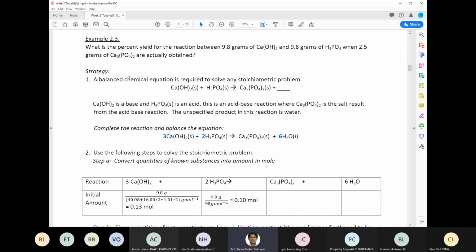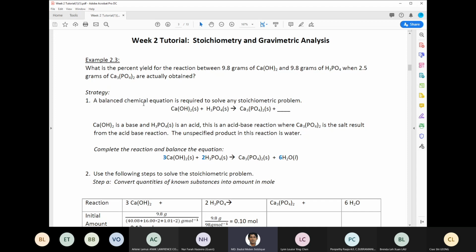Now we are here, and these examples are given here. You can see that they are very similar to what we have done in the lecture slide, right?